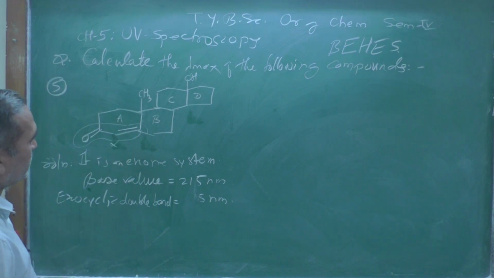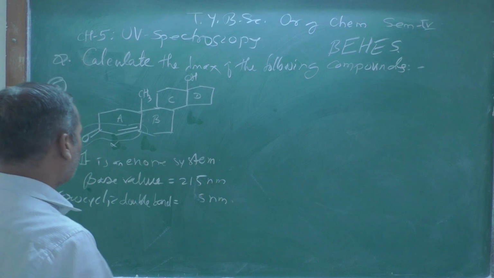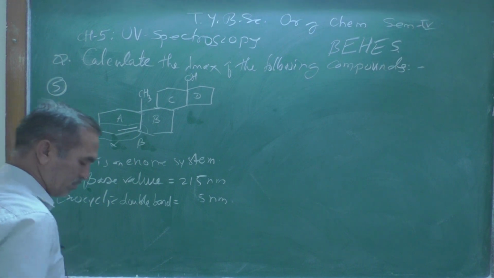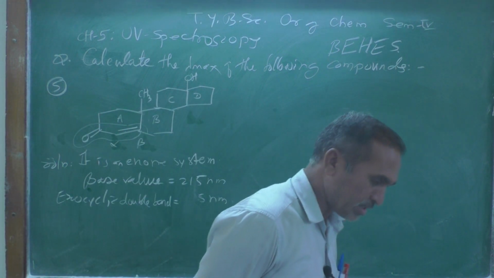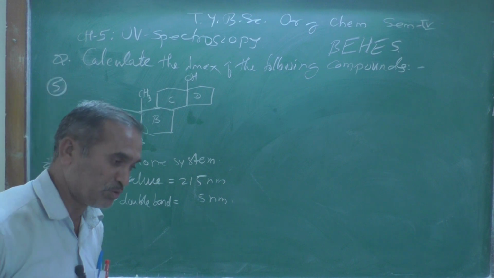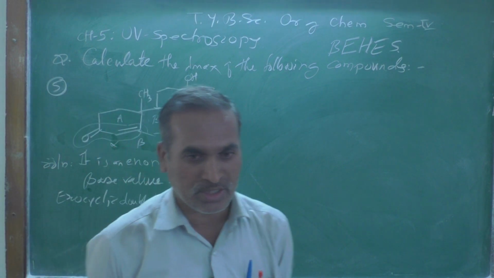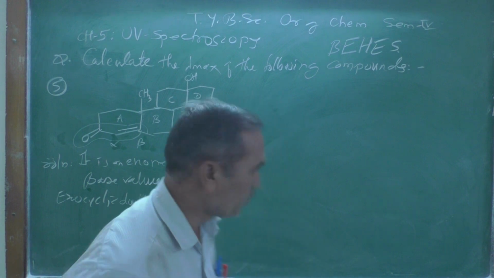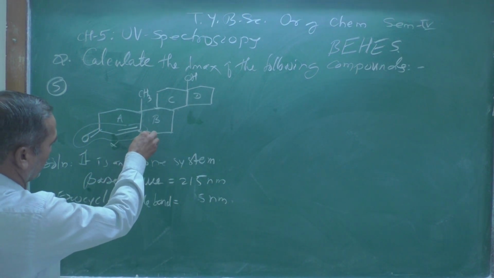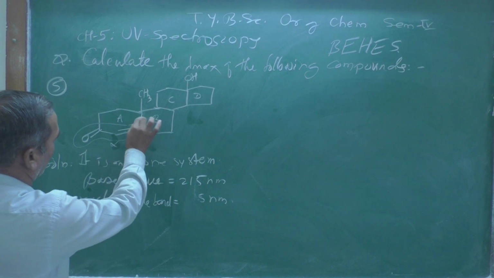Now look at beta. The next carbon atom is termed beta. Is there any substituent present at the beta position? Yes. If you observe carefully, you will find one is here, another is here.